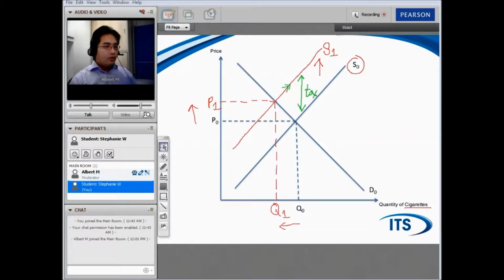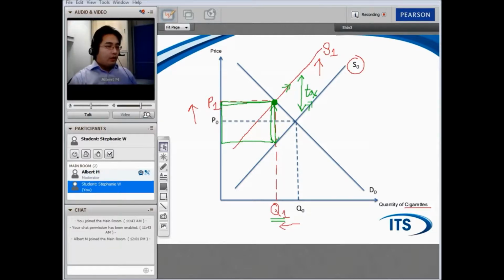Because these two curves are parallel, you would expect that at this point of consumption, this is the vertical distance that also represents the tax. By multiplying it with the quantity of consumption, we therefore establish that this entire area is the taxes that will be collected by the government.